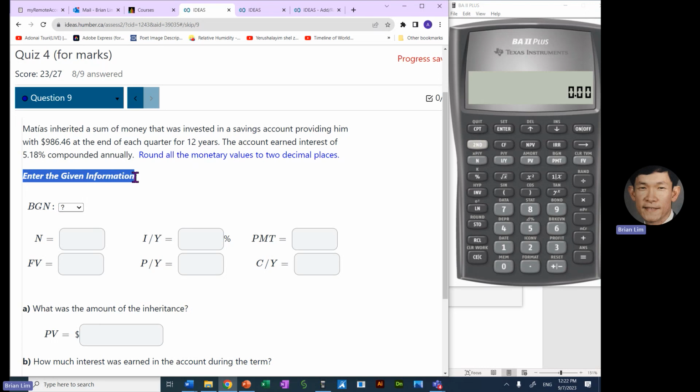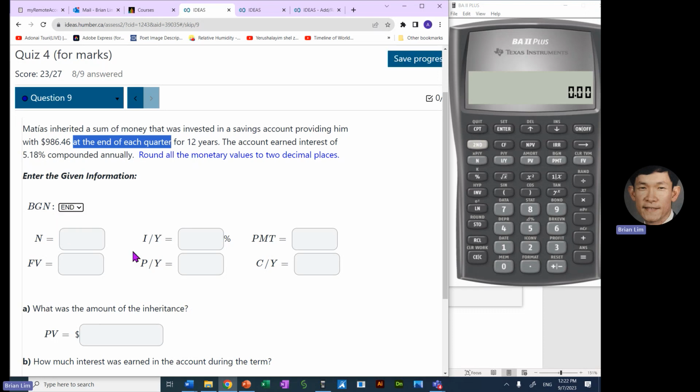Enter the given information. The deposits are at the end of each quarter, so for begin or end, we will choose end. The payment, he received some money, 986.46.